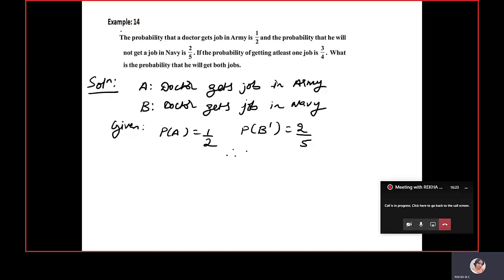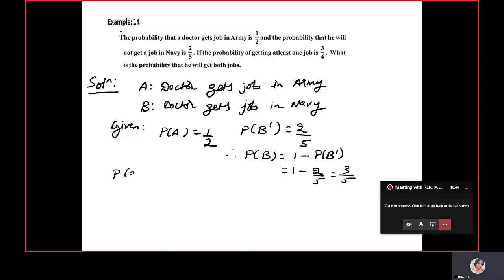So therefore P of B is equal to 1 minus P of B complement. So I'll be getting it as 1 minus 2 by 5. So 5 minus 2 by 5, that is equal to 3 by 5.